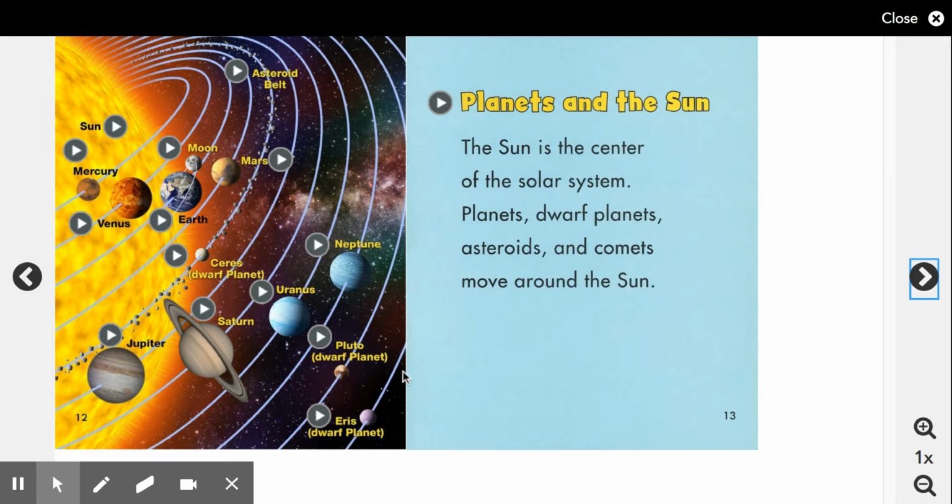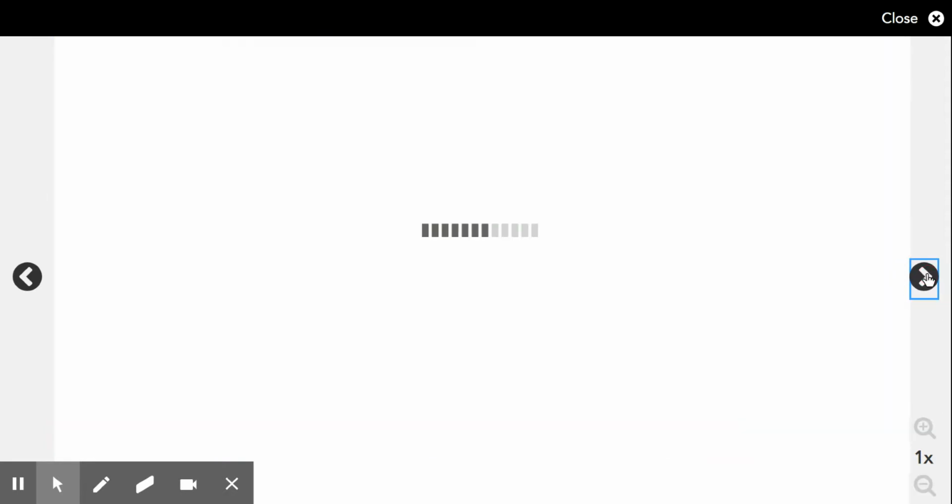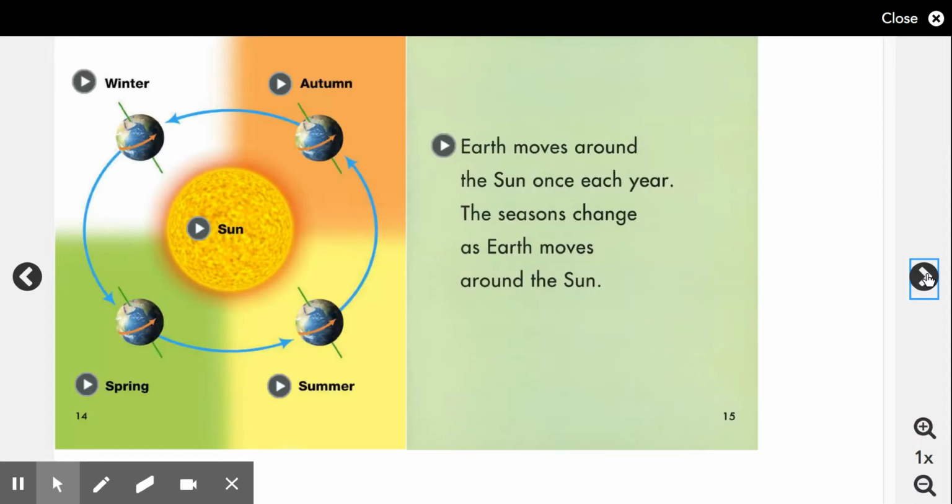And over here to the left, we have a diagram of all the planets, how they move around the sun, and they are labeled with the words. Let's look at those planets for a minute and think about which one we would like to learn about. We question our learning when we read nonfiction text and think about questions we have.